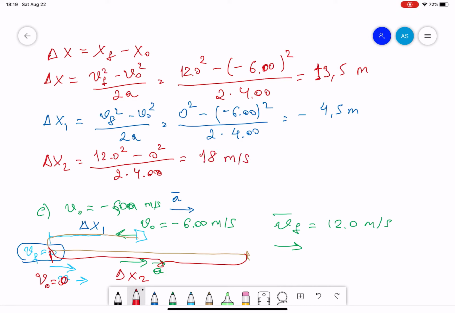As you can see, it's positive. So to find the total distance traveled, you take the modulus of delta x1 plus the modulus of delta x2. That means the total distance traveled will be 4.5 plus 18, which gives 22.5 meters.